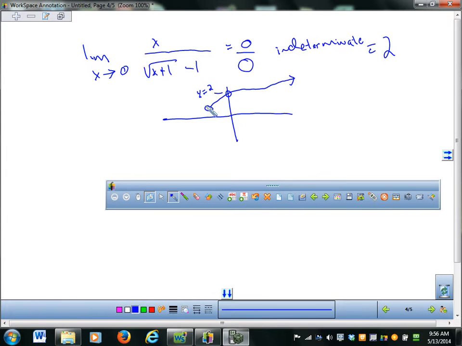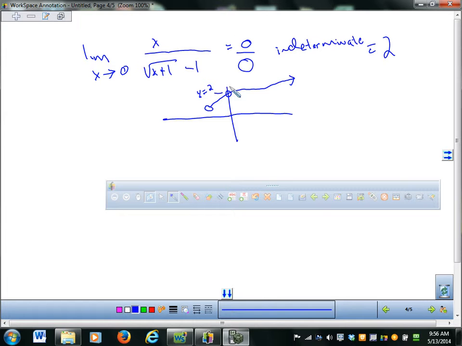So even though this hole right here is at (0, 2), okay? Here, why don't I take these away so that you guys could pay attention better, all right? So anyway, that's how you find limits, okay? Graphically.